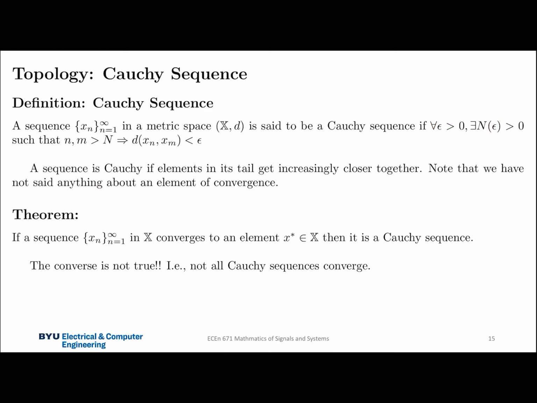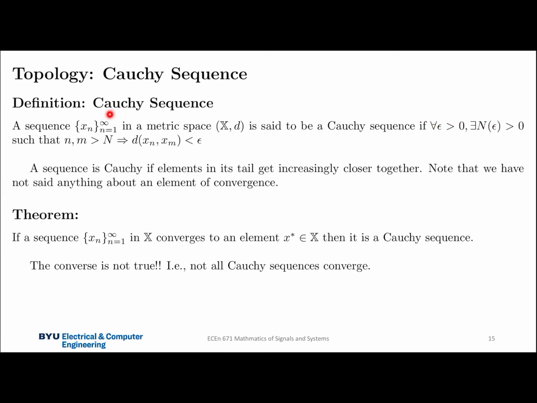Okay, now let's move to a topic that's quite important to understand, at least to know what's going on here, and it's really conceptual. We can do computations with Cauchy sequences, but really it's a conceptual idea.